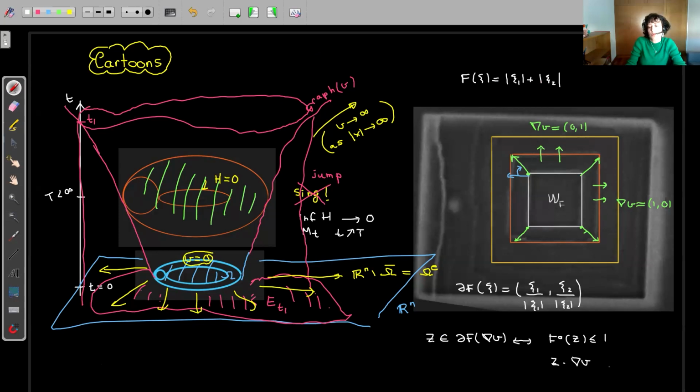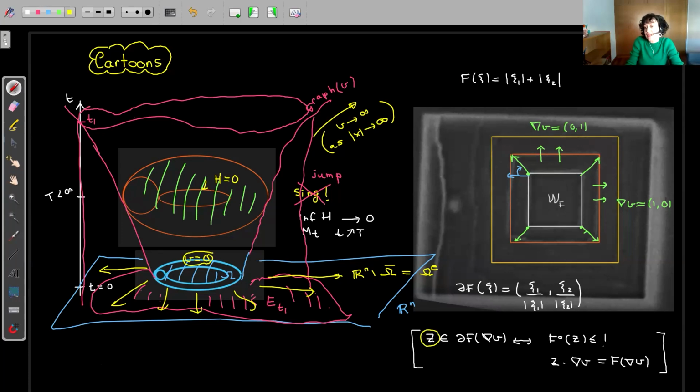If the Cauchy inequality was true, that would be smaller or equal than the norm of each of these. But as the norm of z is smaller or equal than 1, I don't write it. But instead of smaller or equal, you get the best, the maximum value. You get equality. So that characterizes elements of the subdifferential. And if you are familiar with this terminology, what you need to define the flow here is to choose one of these z, what is called a Cahn-Hoffman vector field.